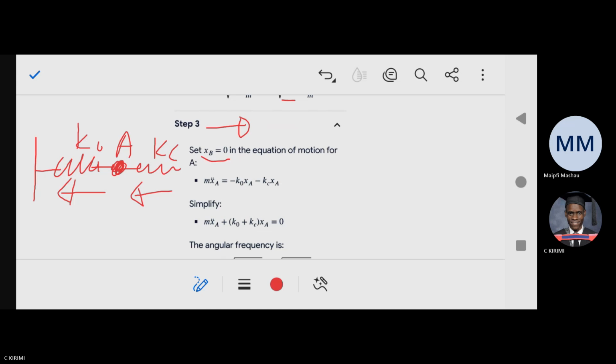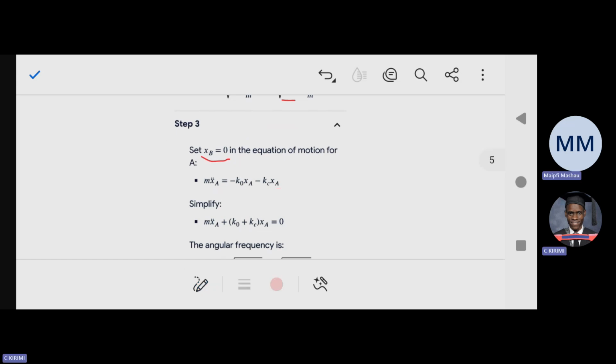Then we are here, we are saying mass times acceleration. The first one that we have from the beginning is the same, nothing has changed: minus K naught, the spring constant, times XA, the displacement of the mass A. And then KC, still the same direction, negative: minus KC multiplied by the displacement of the mass A. Check the difference.